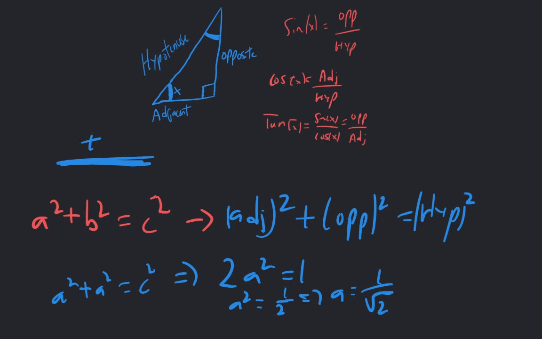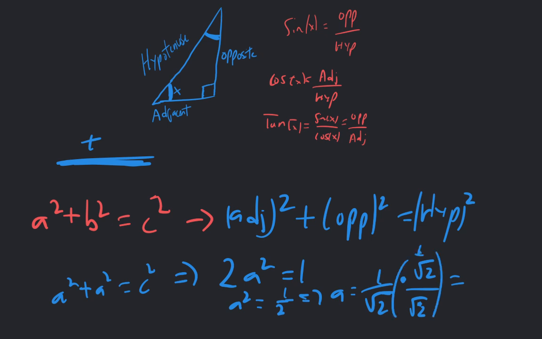Also, for some reason, mathematicians don't like to have square roots in the denominator, so they'll rationalize it, which is just taking away the square root. And to do that, you just multiply by 1.